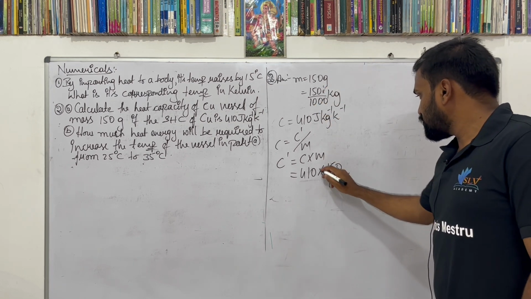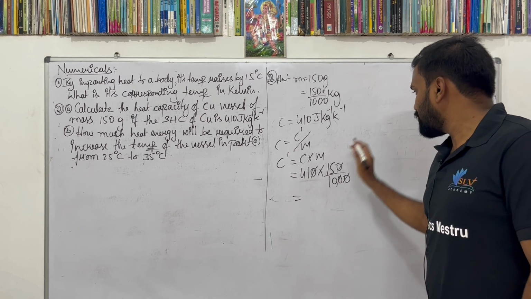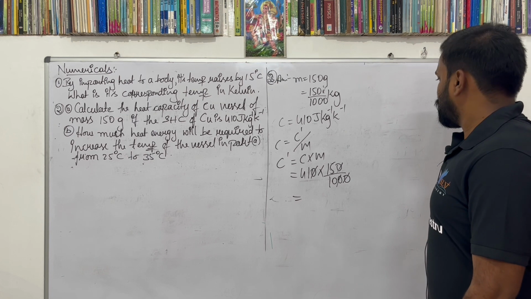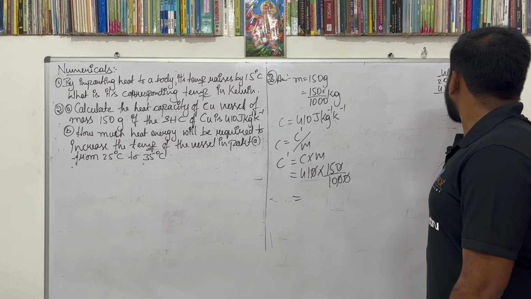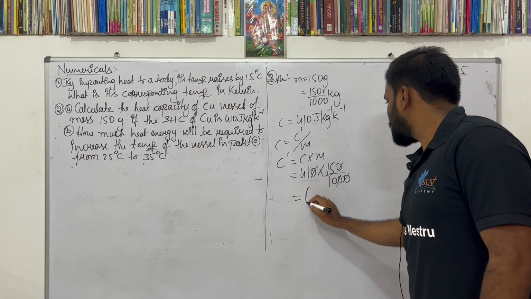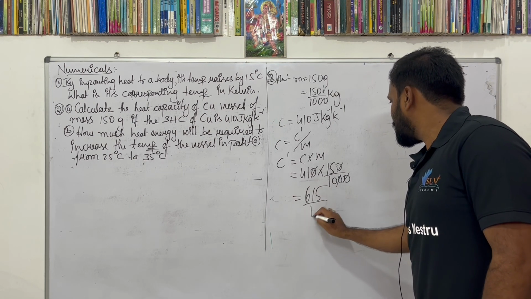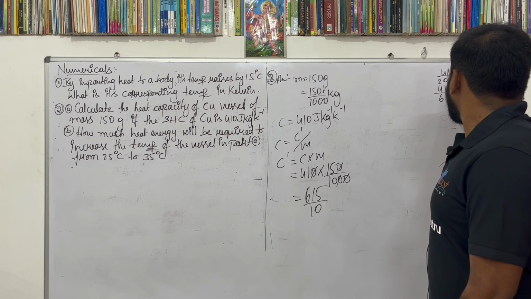See here, 00 gets cancelled, 00 gets cancelled. Here 41 into 15, you have to multiply 41 into 15. So 5 4s are 20, 1 4s are 4. Next 5 1s are 5, 615 divided by 10. Yes, correct.